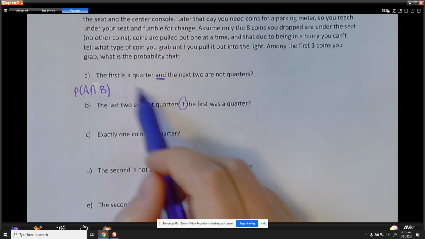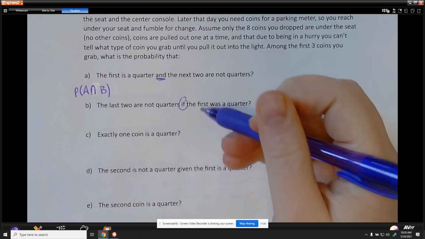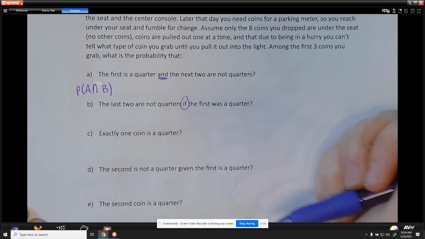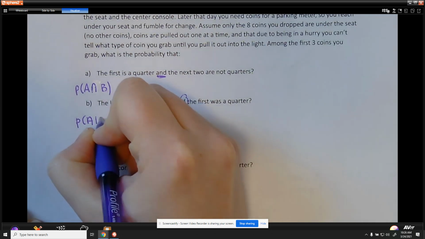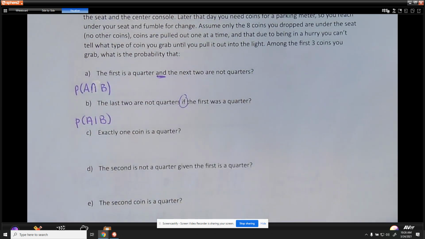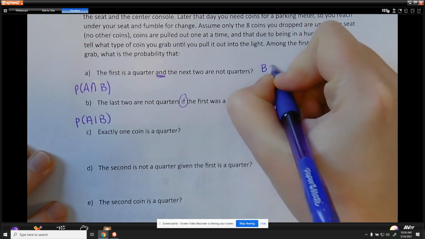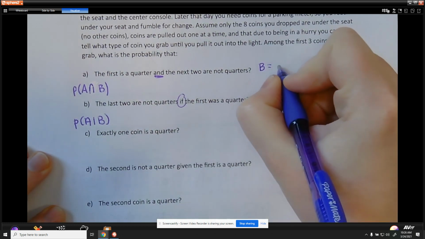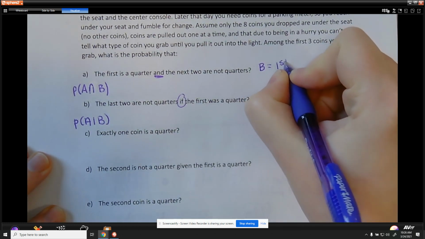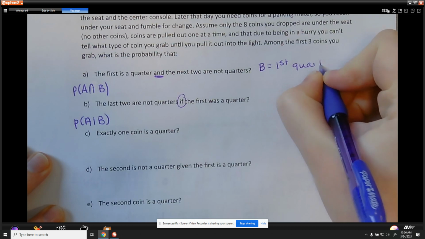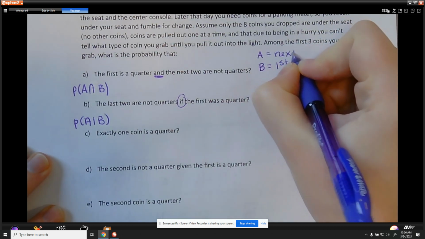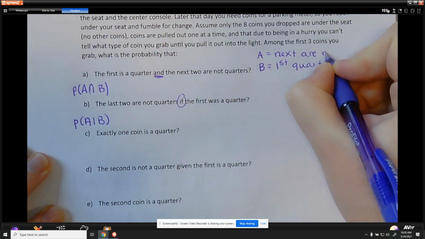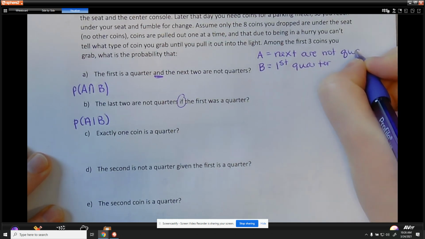So this is an and statement. This is an if statement. This is the given. If is another way for given. So this is asking for the probability of A given B. To help us out with this, I'm going to call B the event that the first coin is a quarter. A is going to be the event that the next 2 are not quarters.